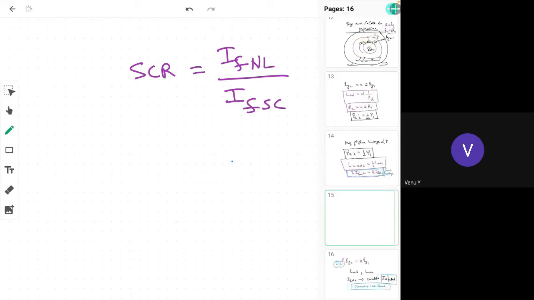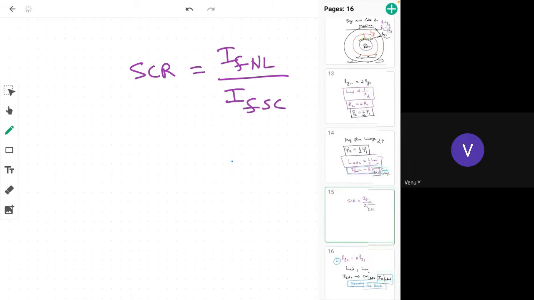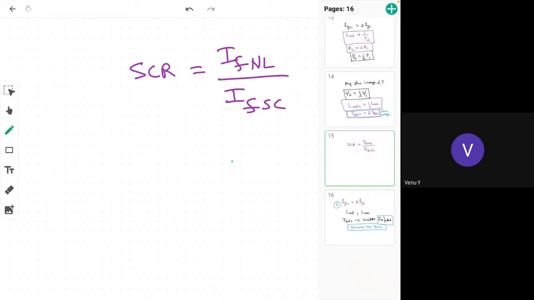So therefore, the very first one, the no load voltage, is doubled and the field current in the denominator is the same.